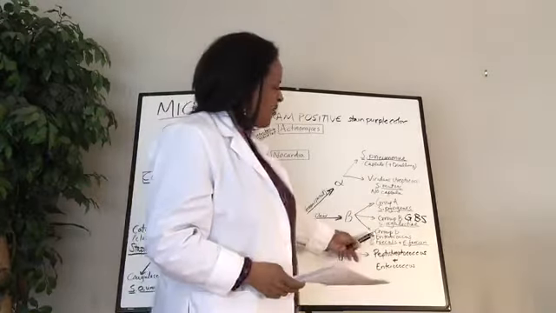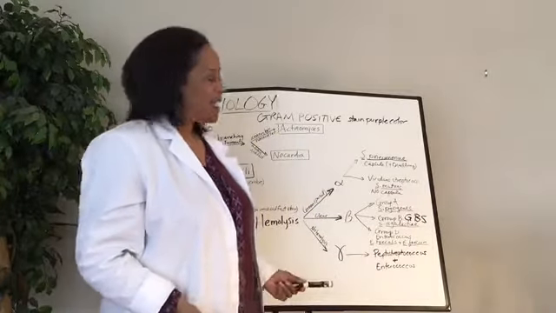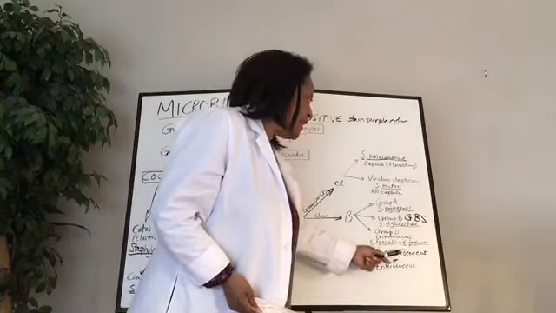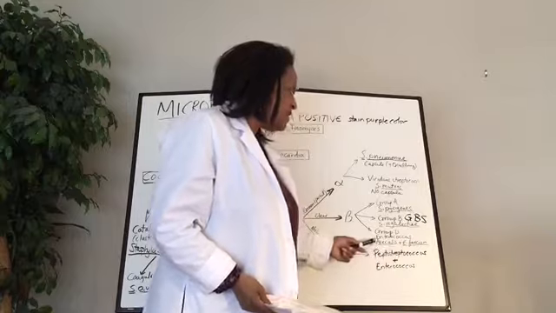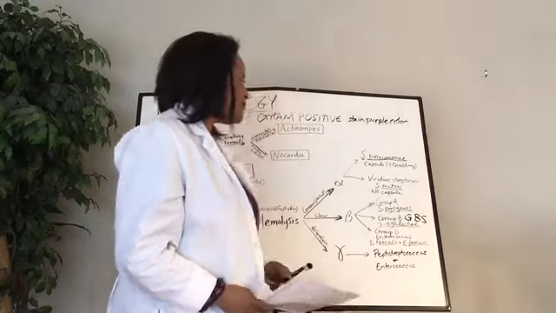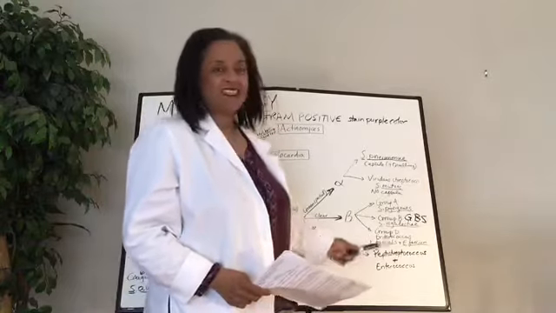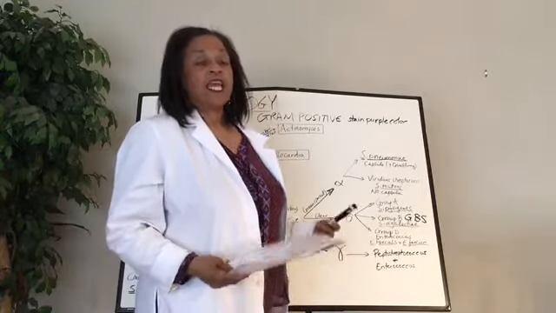Group D, I don't really deal with this. I just wanted to show it to you. It's an Enterococcus. We have Enterococcus faecalis and Enterococcus faecium. Really, these are in the gut, and Enterococcus faecalis is the bacteria that makes up most of the bacteria in our stool.